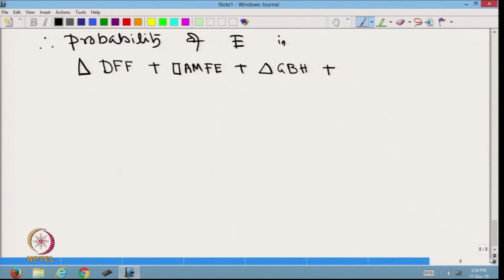Therefore, we are going to have integration of 1 by 3 to 2 by 3 of y is equal to 2 by 9x dx. So, the total sum of these areas is going to give us the probability.